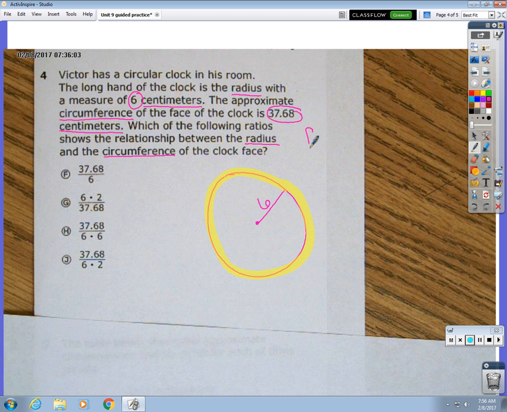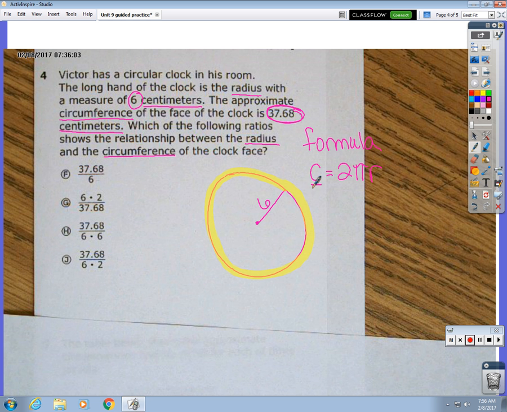So we need our formula. The formula to find the circumference given our radius is going to be the same as problem number 2. Circumference equals 2 times pi times r. So we know the circumference is 37.68.